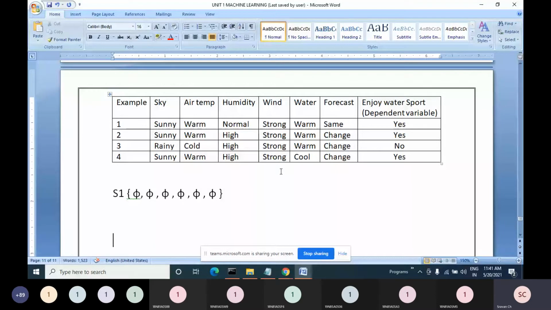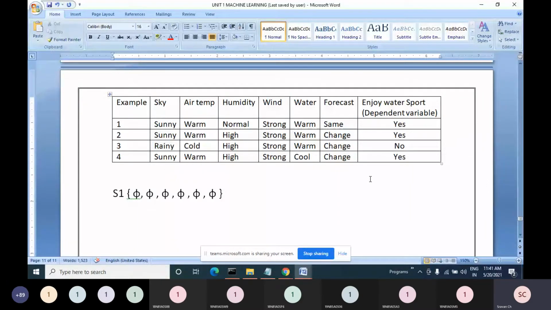Like this fellow will go for enjoying water sport. Yes, it is a positive example. No means negative example. So in candidate elimination, we will consider both positive and negative examples. Now I'll start from record number 1. My first record is a positive example.